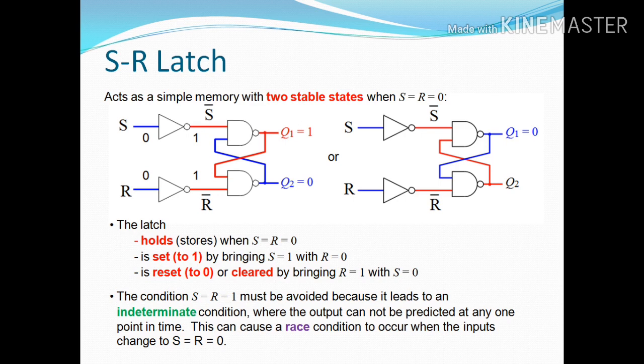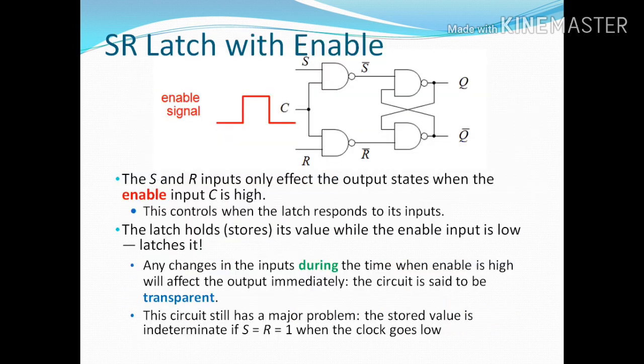Similar for the second one, it is set and reset, R and S. Set to 1, beginning with S equal to 1 and R equal to 0, then also you can get that. Now I am giving you the same thing with the enable signal, clock pulse.